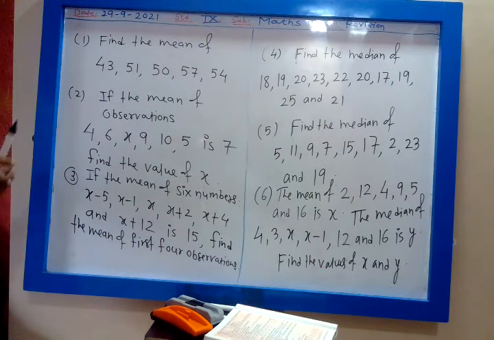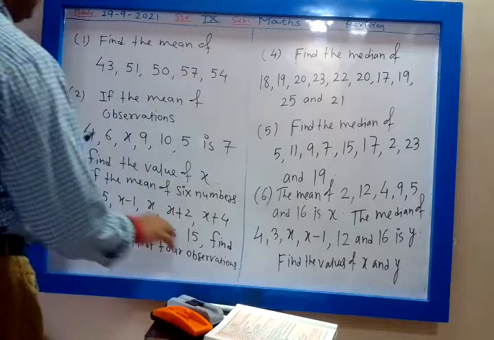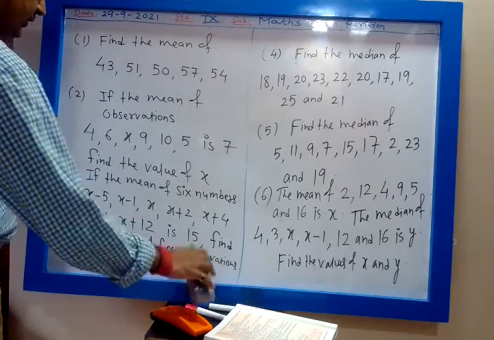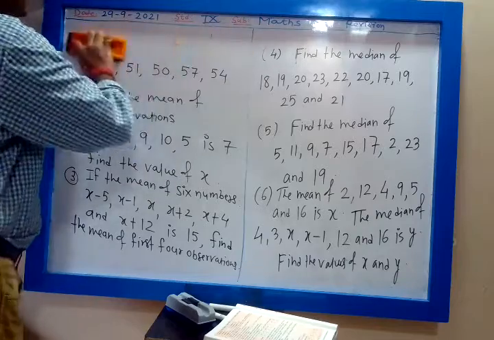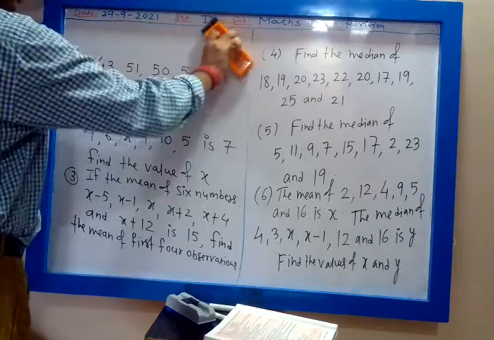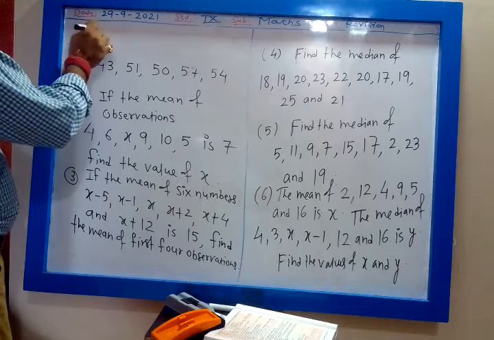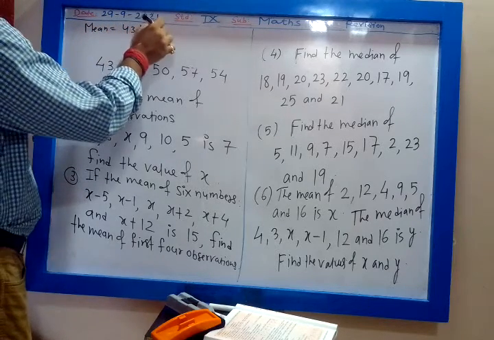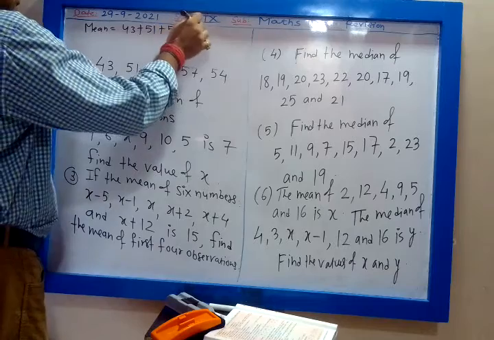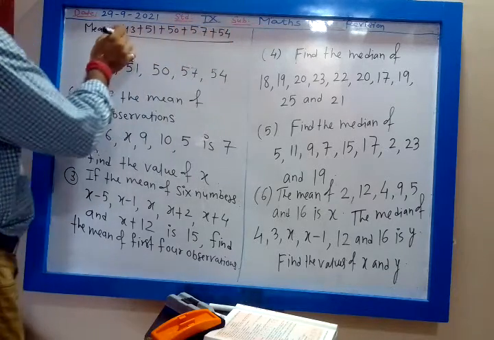What is the answer of first? Let me discuss one by one. So to find the mean value, we add these numbers. So we write mean is 43 plus 51 plus 50 plus 57 plus 54, and divide this total by the total number of values given.